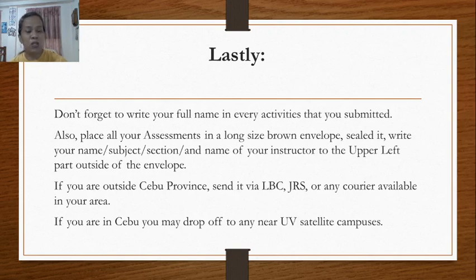That is actually applicable for those students who belong to category 1, because before the end of the semester, they are obliged to send back the assessments. So once you receive the module or the book, all you are going to do is detach the assessments, don't forget to write your name, compile everything, then place that in a brown envelope, right?